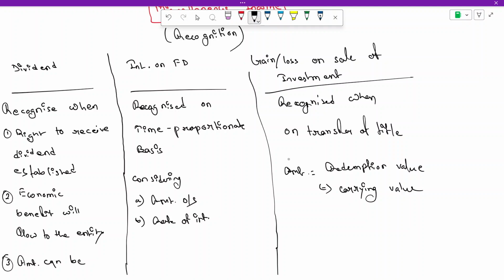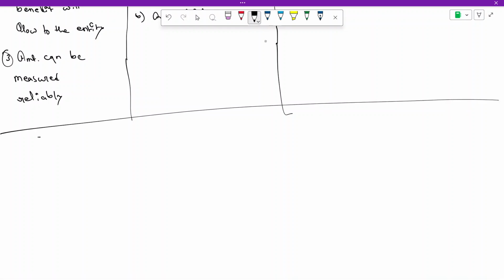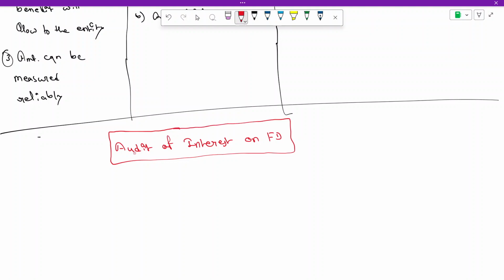Now audit of interest on FD. Just use your common sense.